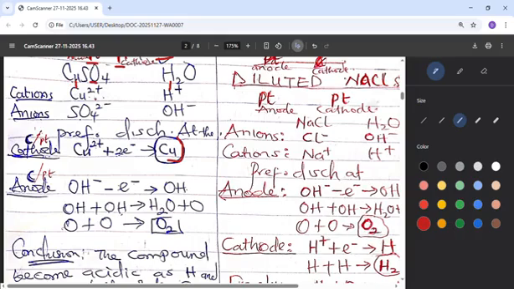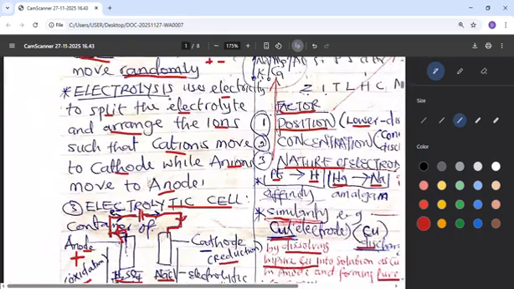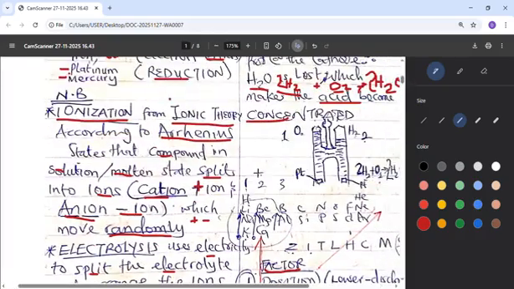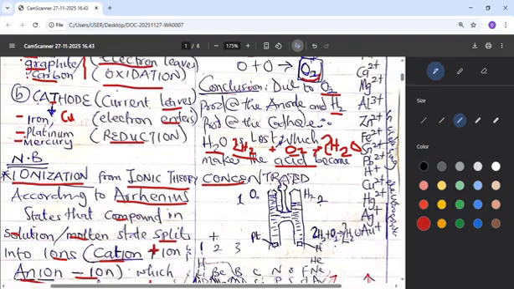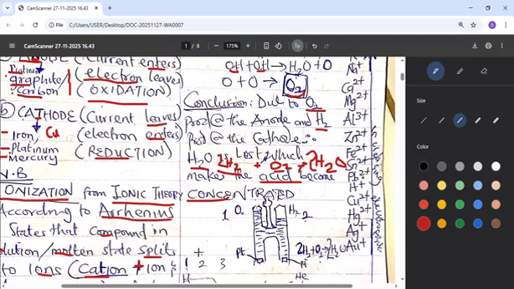Why? Because of the position, meaning that copper is lower than hydrogen. How do we know? You can just check this drawing that shows us the increasing electropositivity. As we can see, copper is here. It is lower in the electrochemical series, or you call it activity series. So copper is lower than hydrogen in the activity series or electropositivity arrangement.